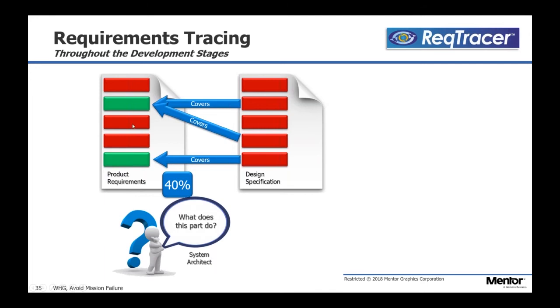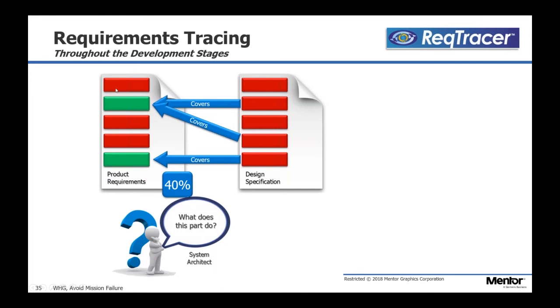I have 5 requirements defined in there. I have a design specification where I've declared a few other requirements, and then I put in coverage directives saying these 2 requirements in the design spec cover this requirement from the product spec. This requirement covers here. So what this shows is that this can be many-to-one, or one-to-many coming back.